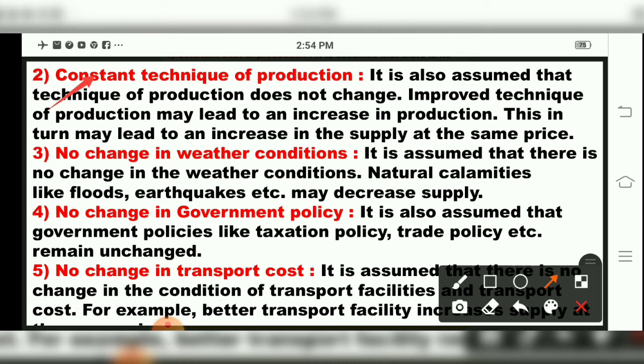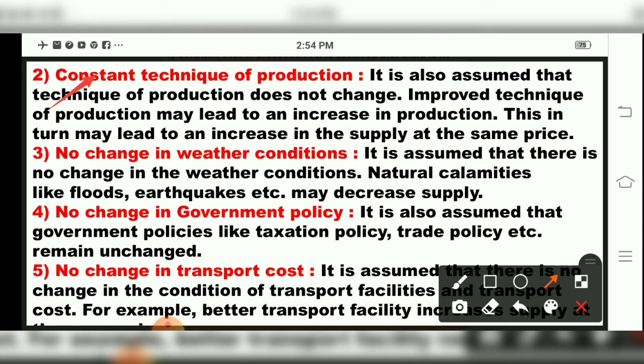If higher production is demanded in the market and you have changed the technique, more production you have made, then if a higher price is available in the market, the supply will also be increased. So it is assumed, children, that technique of production does not change. Improved technique of production will lead to an increase in production and supply at the same price.